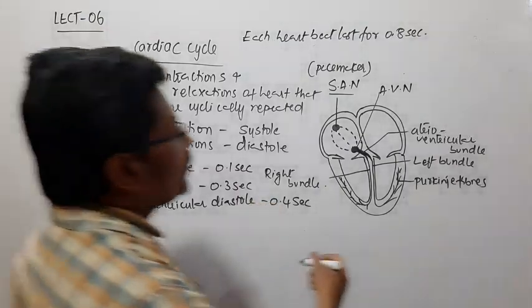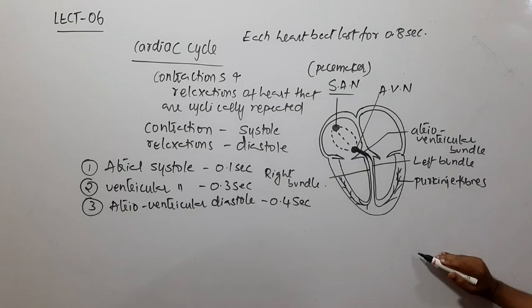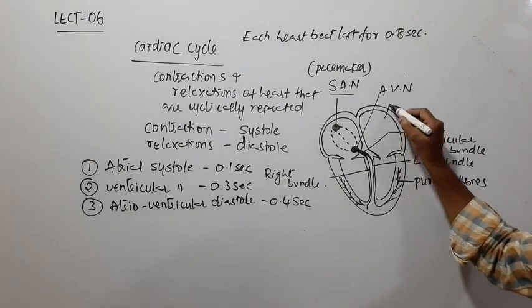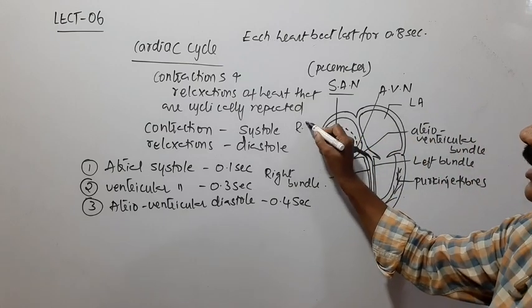You'll see here, by the time the pacemaker initiates the atrial systole, this is the left atrium and this is the right atrium.